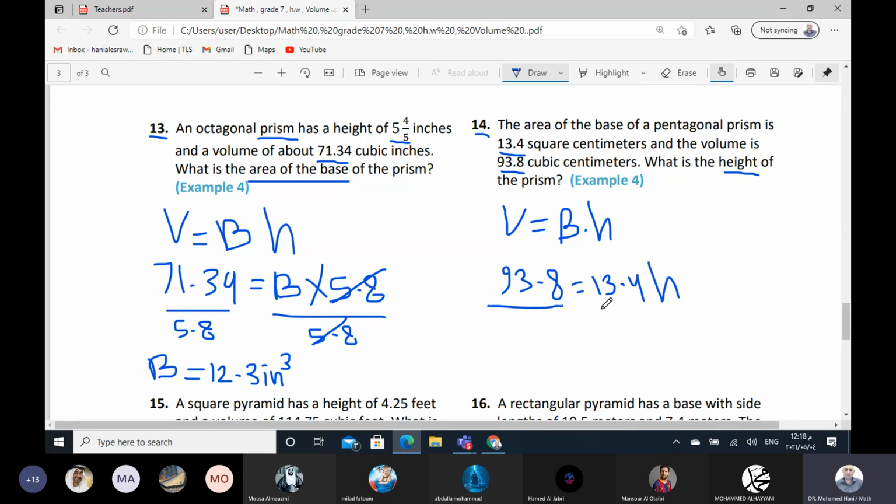To solve this equation, divide the two sides by the coefficient. 13.4 divided by 13.4 will be 1, remains h, the height of the prism, equal now 93.8 divided by 13.4. So the answer will be 7 cubic centimeter.